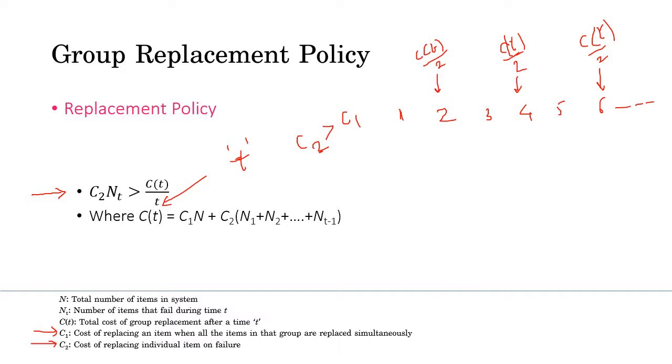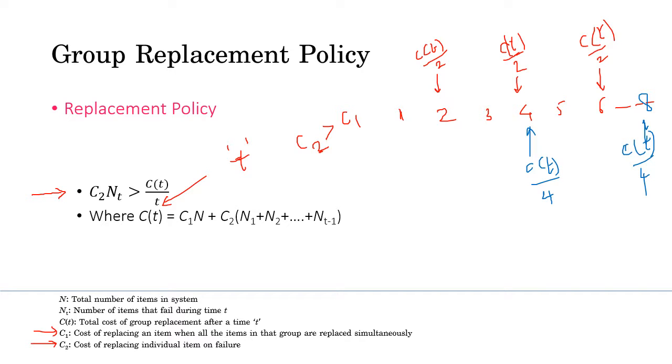If this frequency is lower, for example, instead of replacing every 2 weeks the company replaces every 4 weeks, so the fourth week, eighth week, 12th week, and so on, then after every 4 weeks the company will pay CT, and the average cost will be CT divided by 4.